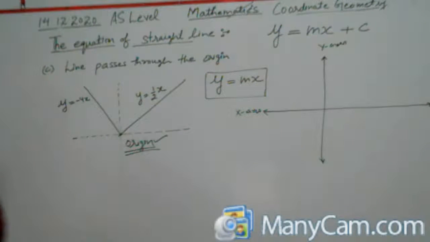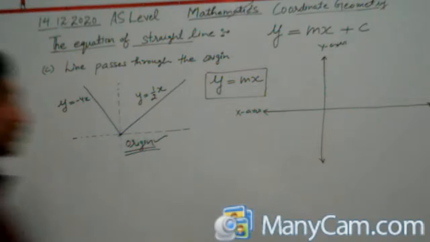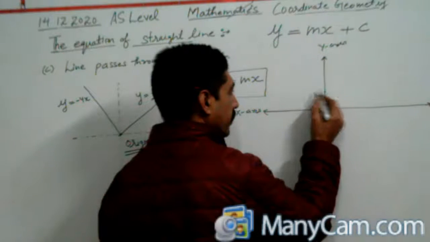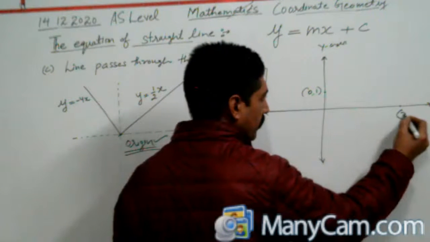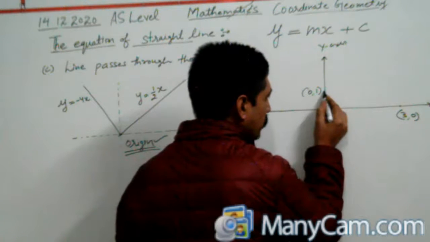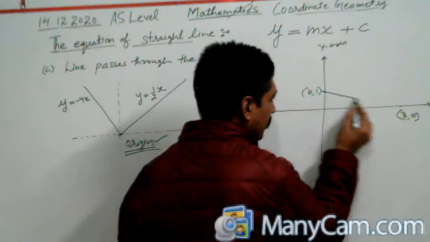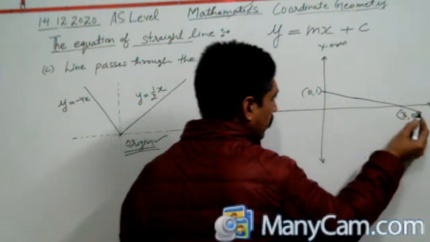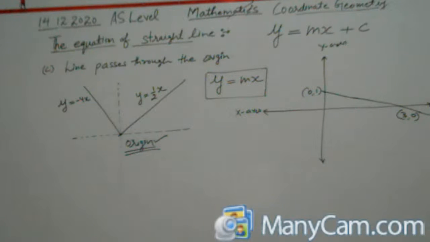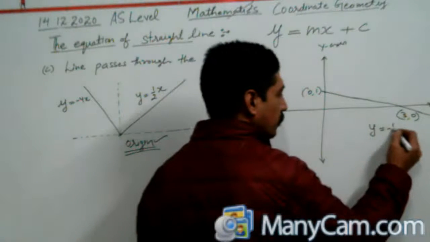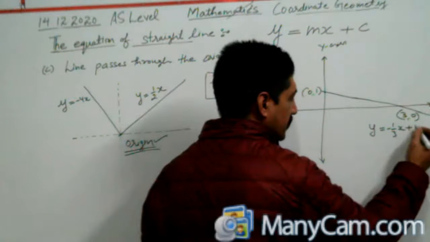If one line starts from (0, 1) and goes to (3, 0), then this represents the equation of this line. The equation of this line will be y is equal to minus 1 by 3 x plus 1.